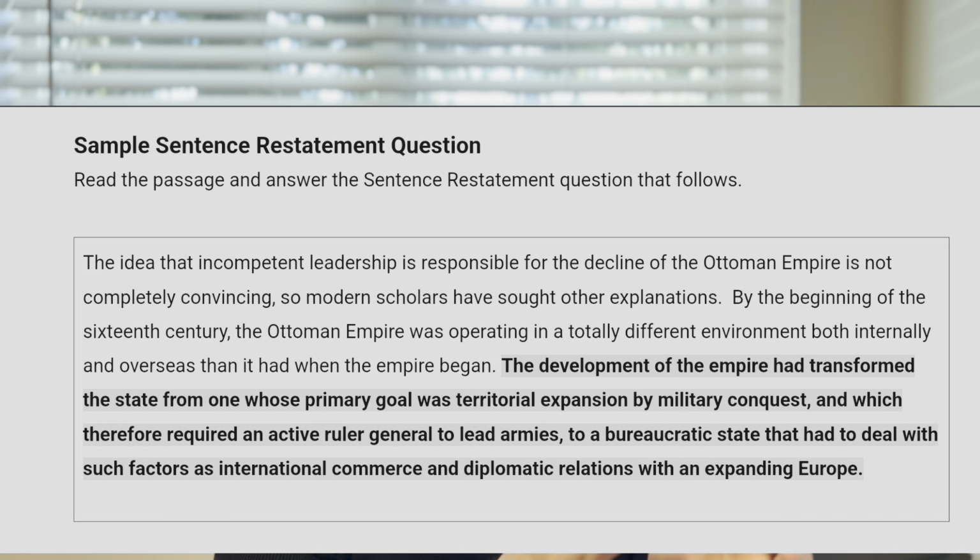Okay, I think this is the right answer. If you see it, the development had transformed the state from one whose primary goal was territorial expansion to what? To a bureaucratic style, which deals with international commerce, right? I think it's the right answer, but let's look at the other answer too.